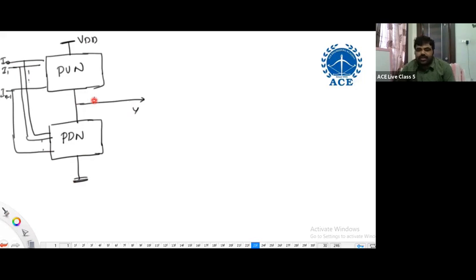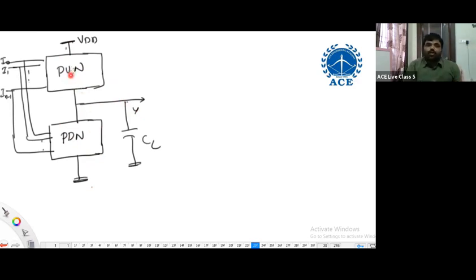Pull-up network is nothing but the output node being pulled to logic 1. So when the pull-up network is on, the output is pulled to logic 1, which is VDD. And when the pull-down network is on, the output is pulled to logic 0. So what we are expecting here is that at a given instant of time, only one network should be on.